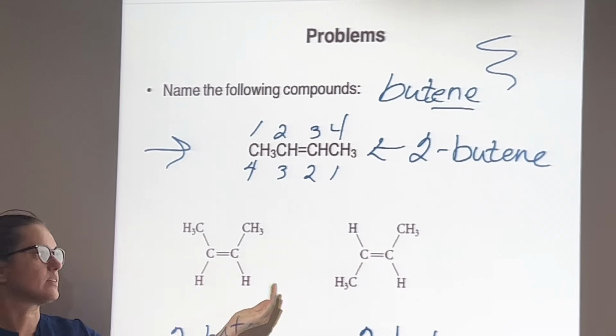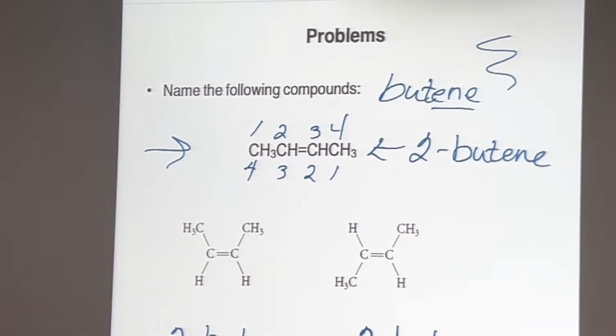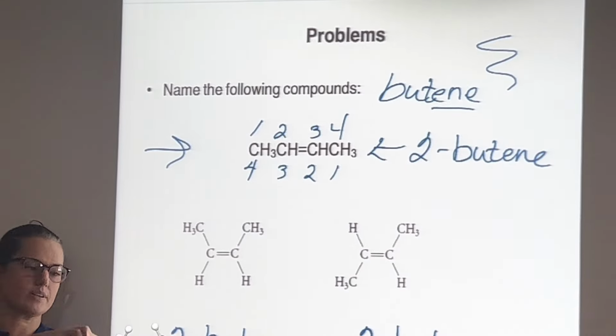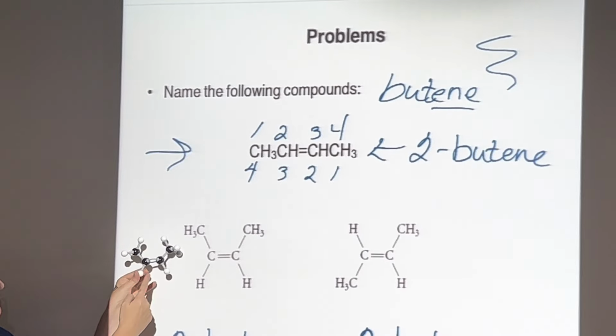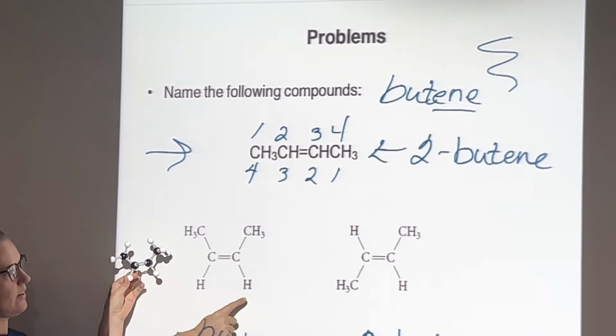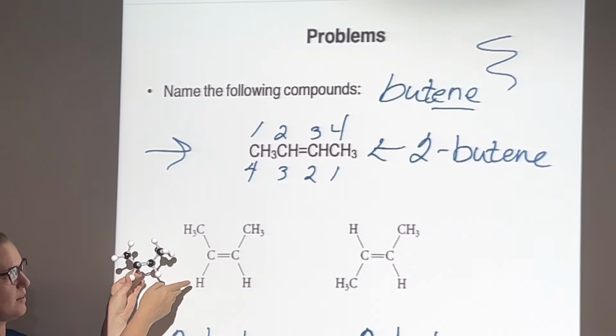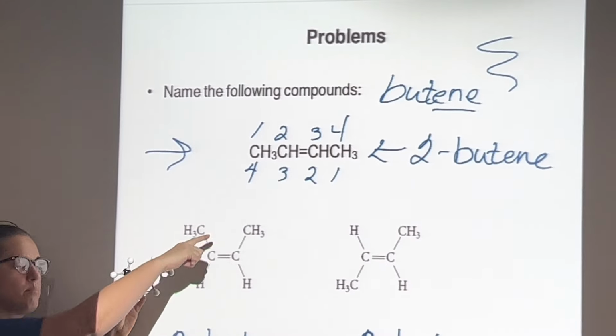But with these, with the full structural formula, or almost full structural formula, if we went super full structural, we'd see all the hydrogens drawn out. We get a clue as to the shape of these things. So this one looks like this right here. And you can see that these CH3s are on the same side of the double bond, whereas the hydrogens right here are also on the same side of the double bond, but not the same side as the methyl groups.